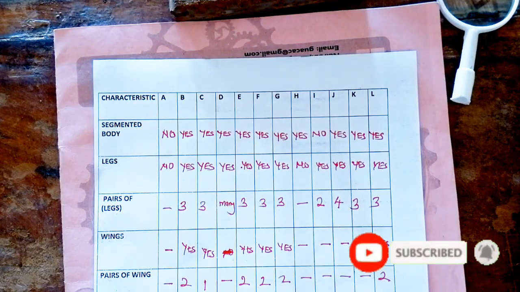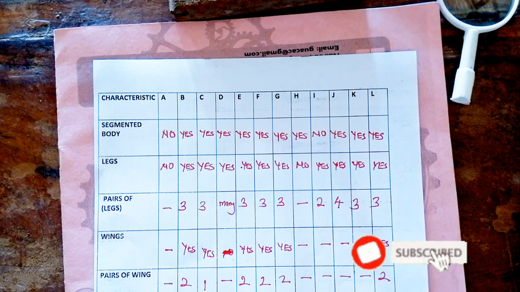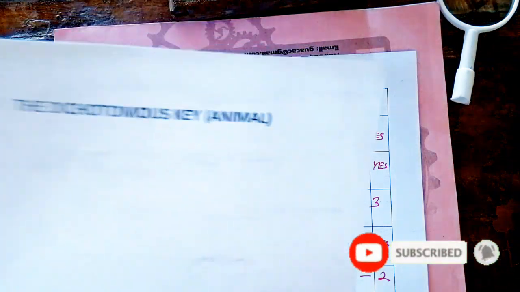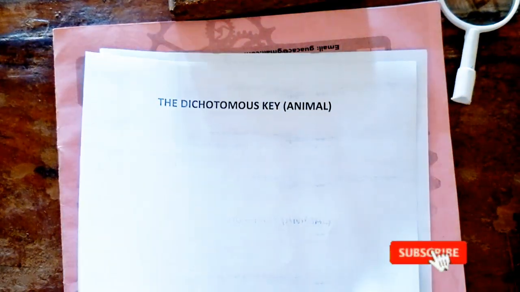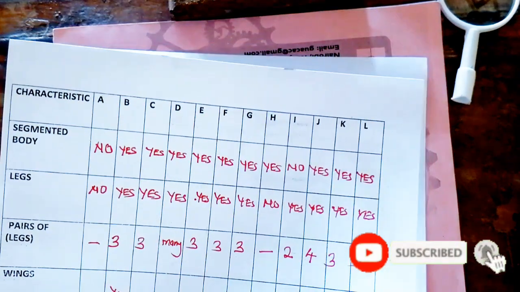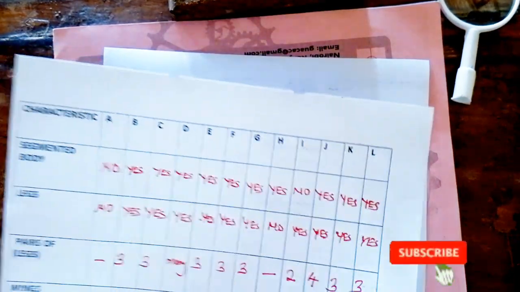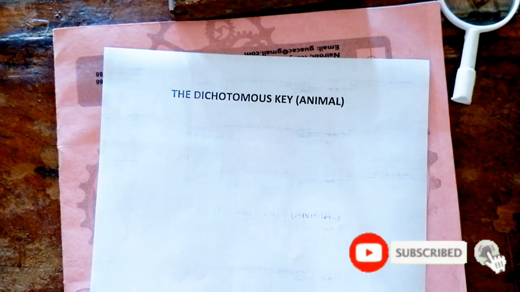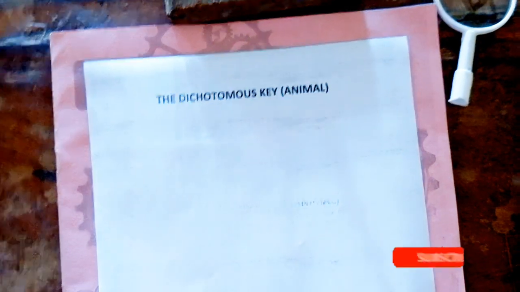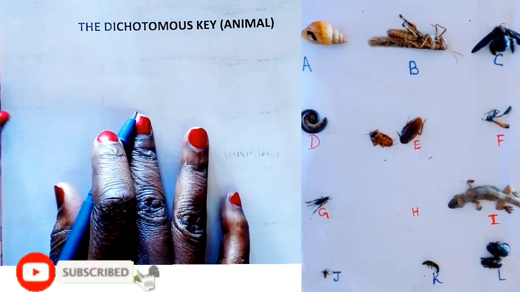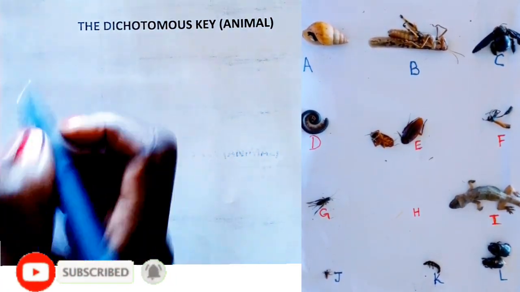So the next step now is to identify them, construction of the dichotomous key with the help of this table. And remember, we have to write couplet questions. So we are going to start with step 1.